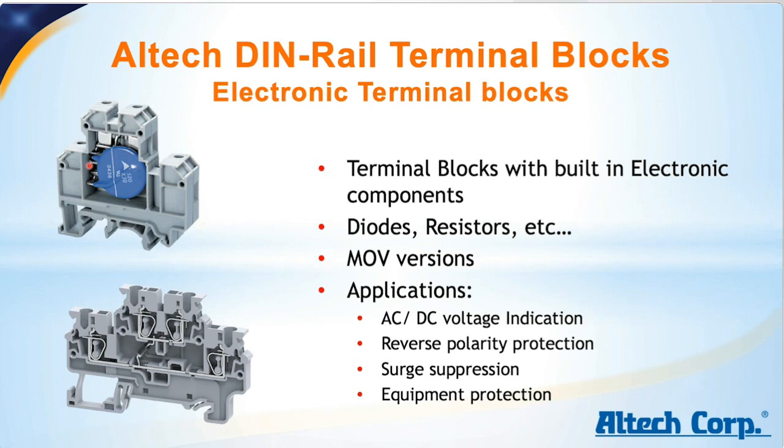Other examples are double level terminal blocks where different diodes are wired into the terminal blocks. These are used, for example, for reverse polarity protection, or some of them also have certain resistors and other diodes soldered in. They can also be used for AC, DC voltage indication or certain equipment protection.